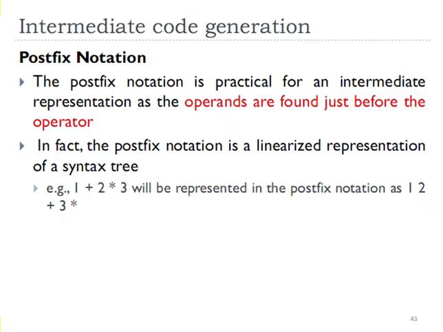So in addition to the three address code, the triples, the quadruples, syntax tree, and DAG, we can also use postfix notation as an intermediate code. Postfix notation is practical for an intermediate representation, as operands are found just before the operator. It is a type of expression in which operands are placed before operators.